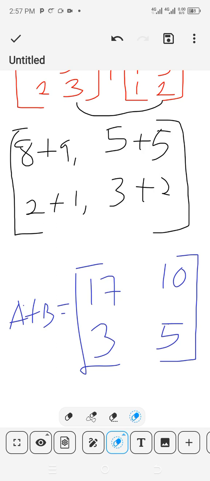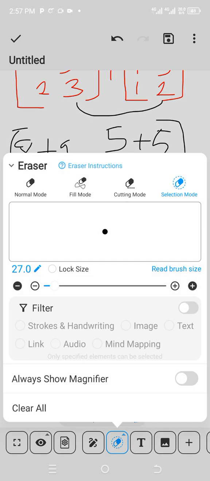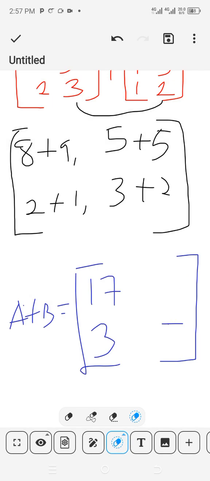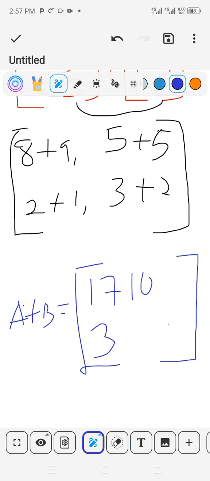Like some people will write it this way. We have 10. Some people will write it this way. So if an examiner sees something like this, he will be confused. Are you trying to say it is 17 and 10? Or are you trying to say it is 1710?